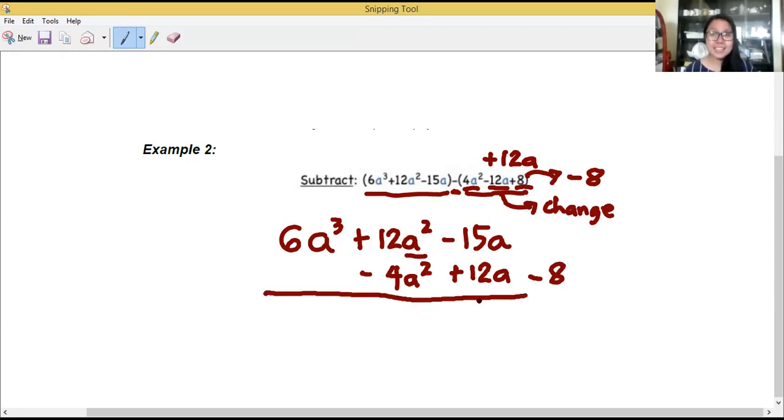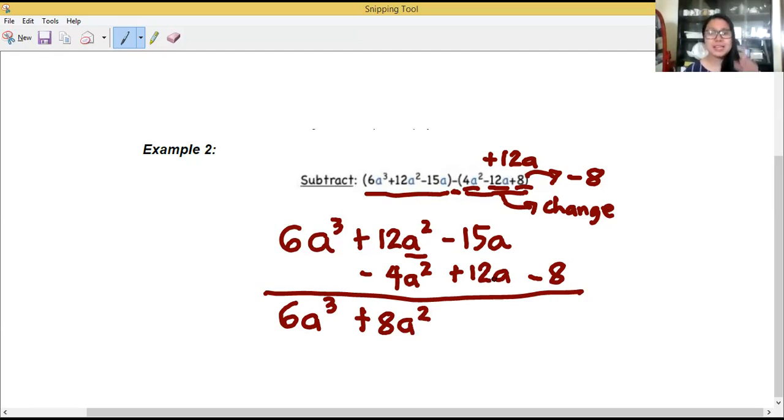Next, let us add the numerical coefficients. So 6a cubed. Next, 12 minus 4, that's 8. So plus 8a squared. Next, negative 15 plus 12.